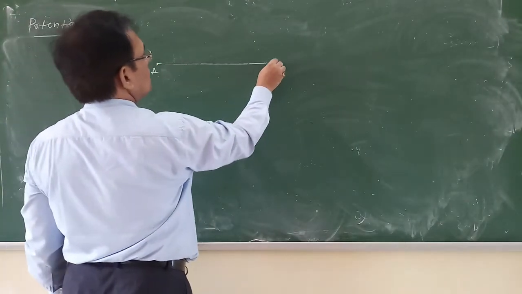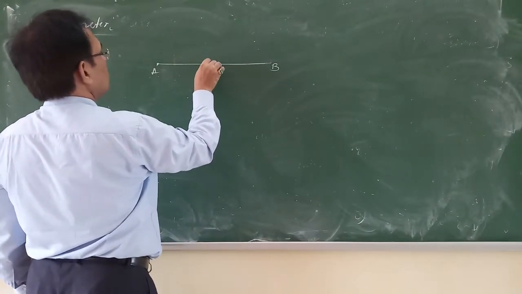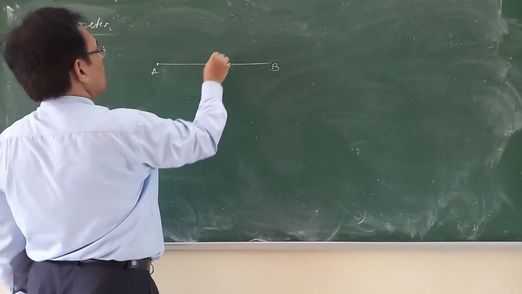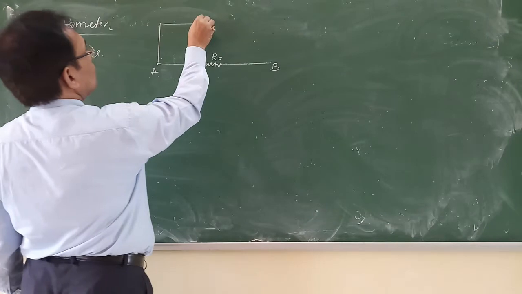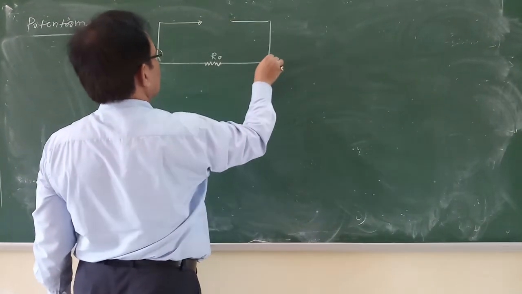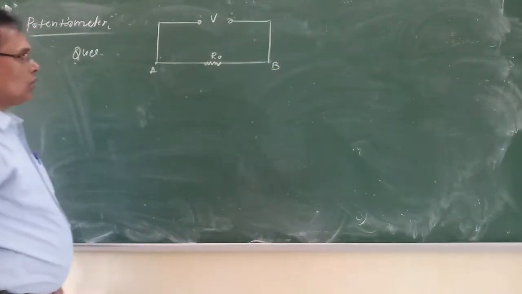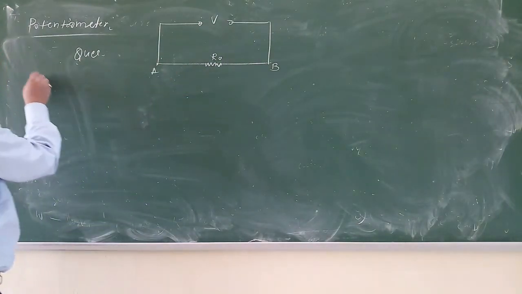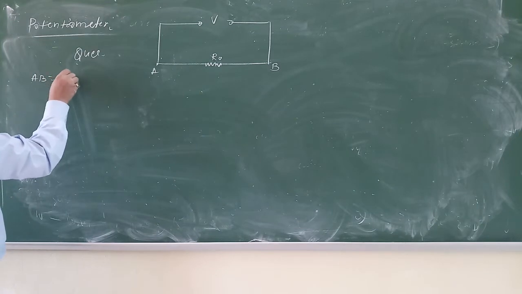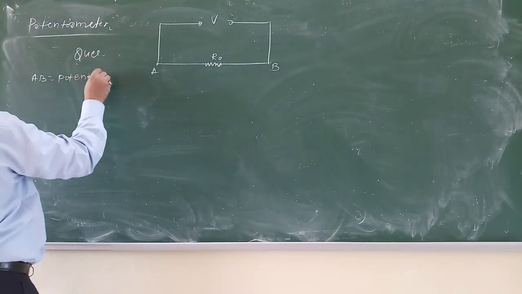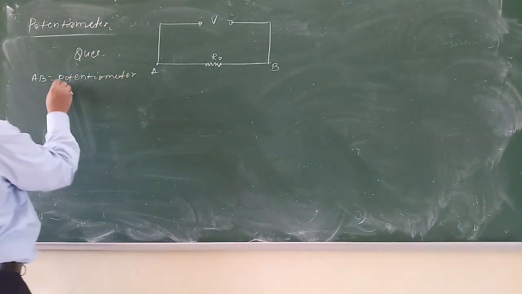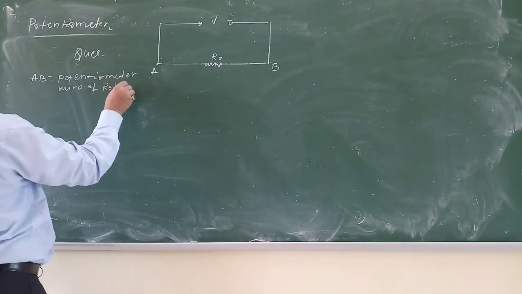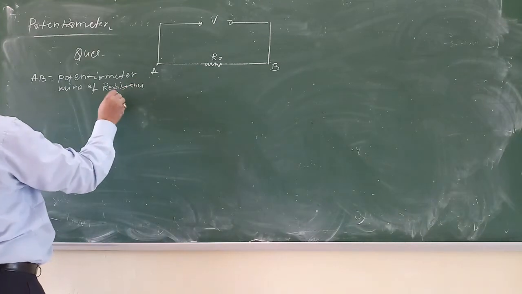AB is a potentiometer wire of resistance R0, and it is connected to a V volt battery.